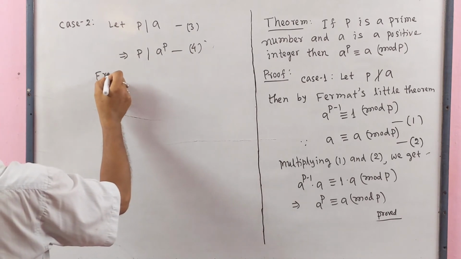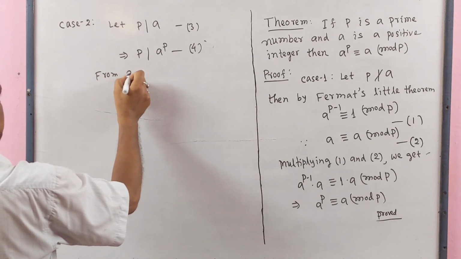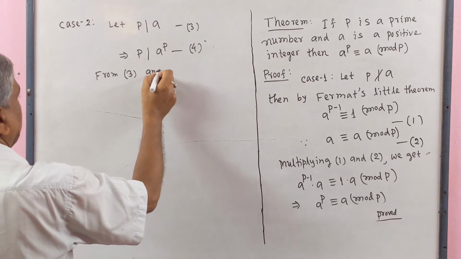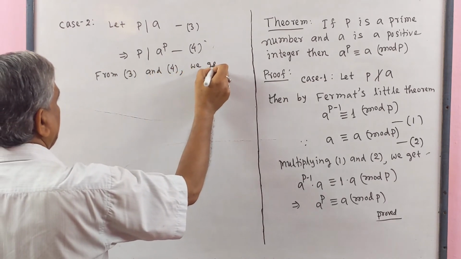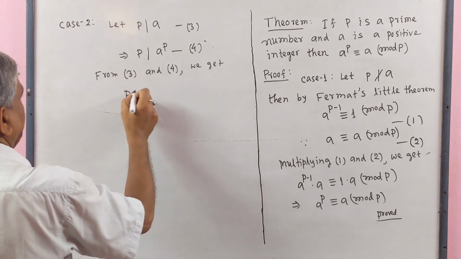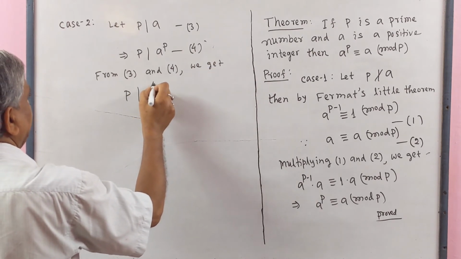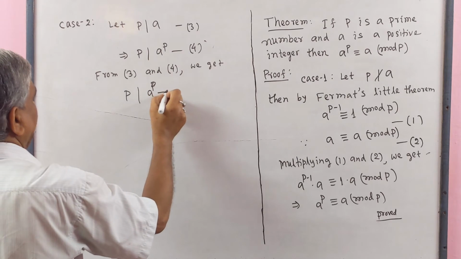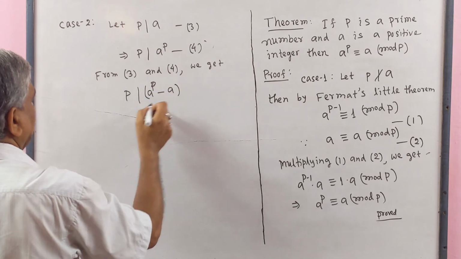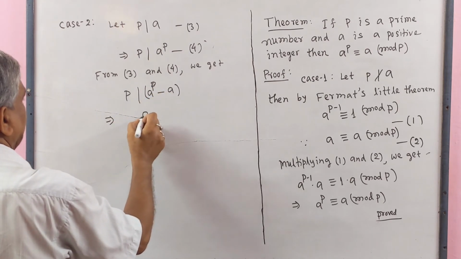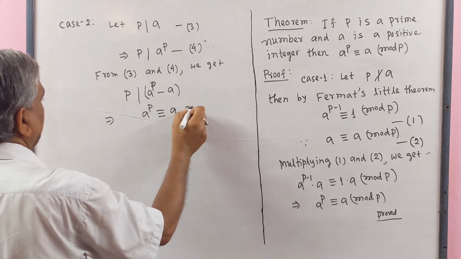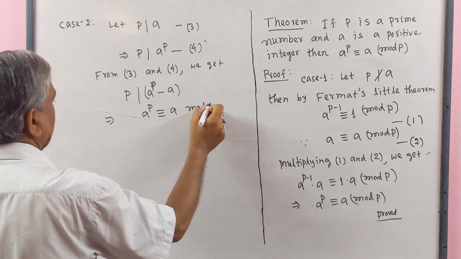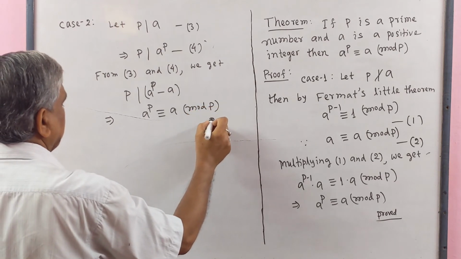From 3 and 4 we get p divides a to the power p minus a, implies that a to the power p is congruent to a modulo p. Proved.